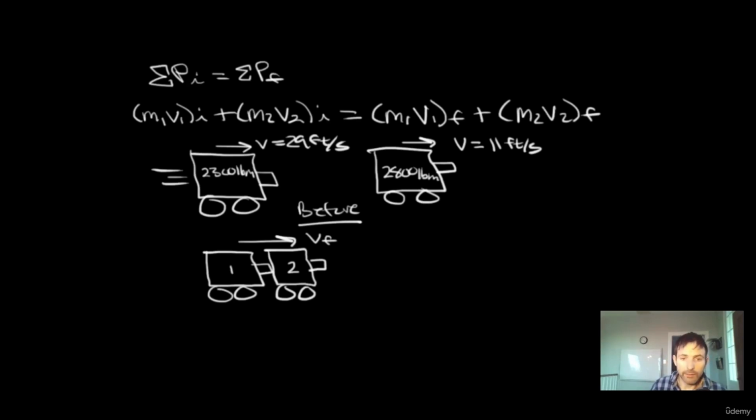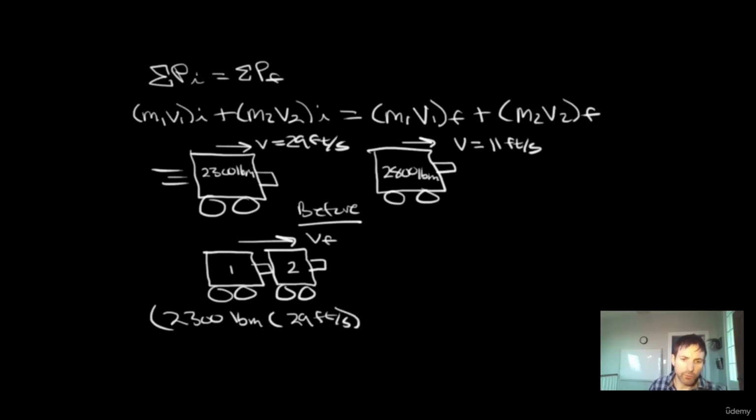What we'll say is mass 1, which is 2,300 pound mass. I'm going to run out of room over there, so I'll write it down here. So we've got 2,300 pound mass, multiplied by our first velocity, 29 feet per second.